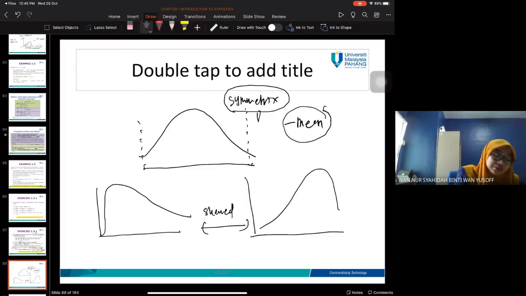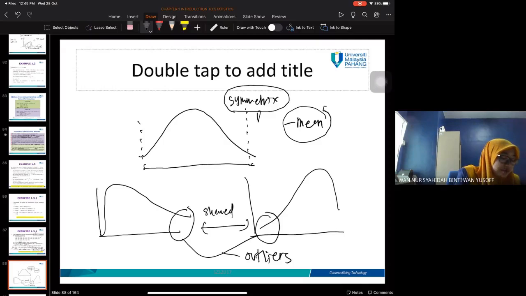Okay, when we have skewed data, most probably the end of the tail of the distribution here consists of outliers.